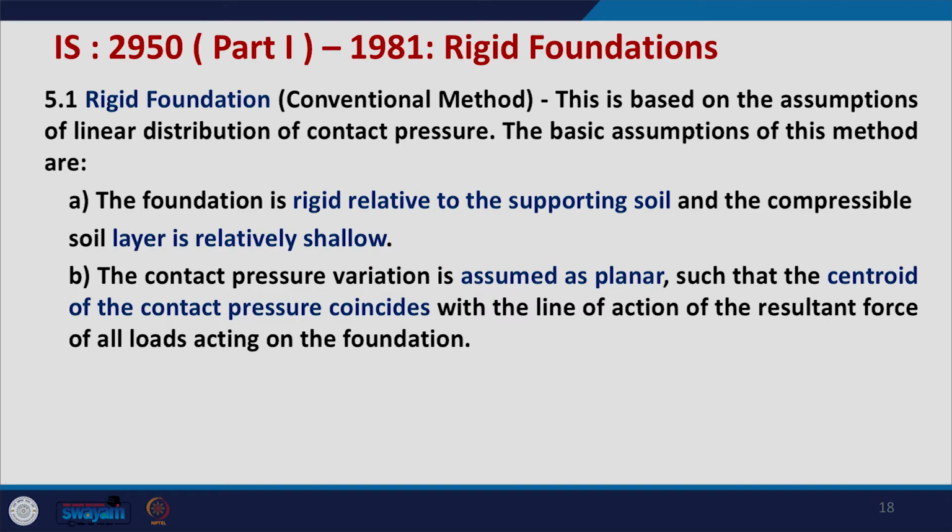So, let us first discuss article 5, methods of analysis. 5.1 is for rigid foundation, and the method used for rigid foundation is called the conventional method. So, let us discuss the conventional method, which is applicable for rigid foundation. The next few slides will be exclusively for rigid foundations. Once we get over with rigid foundation, then we will discuss flexible foundation.